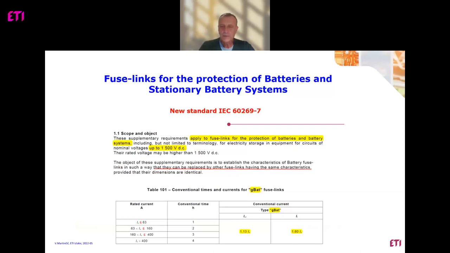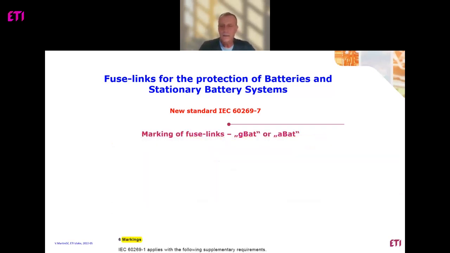And what is important for the users, those fuses are designed in this way that they can be replaced by other fuse links having the same characteristic, same rated current, provided their dimensions are identical. So presented is the so-called G-BUT characteristic with fuse non-fusing current 1.13 nominal and fusing current 1.6 nominal current.